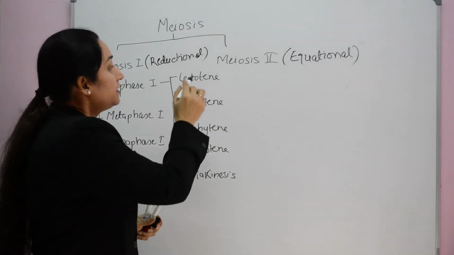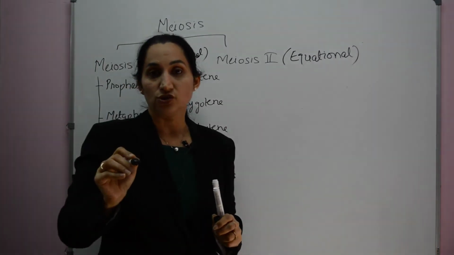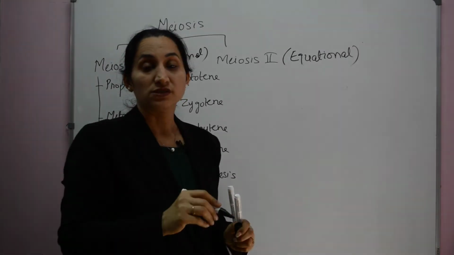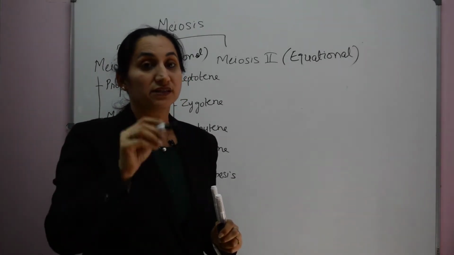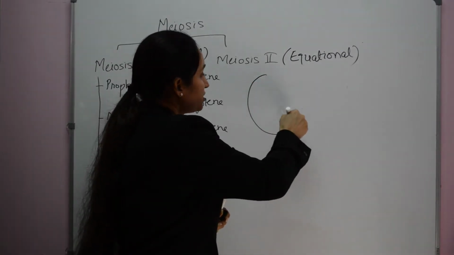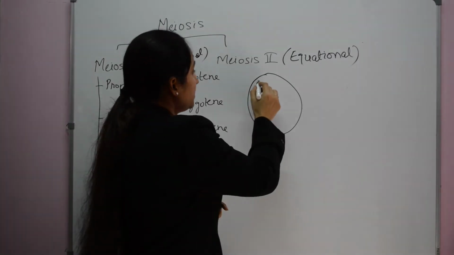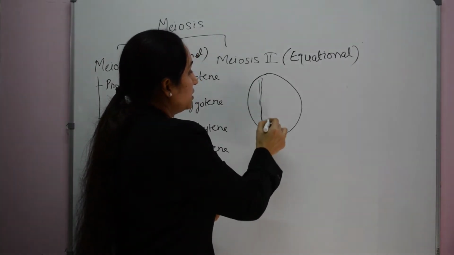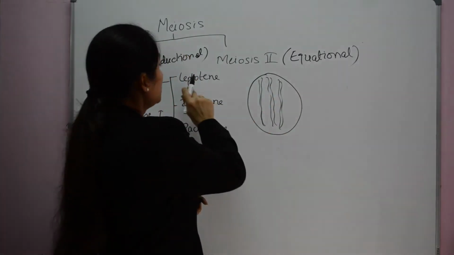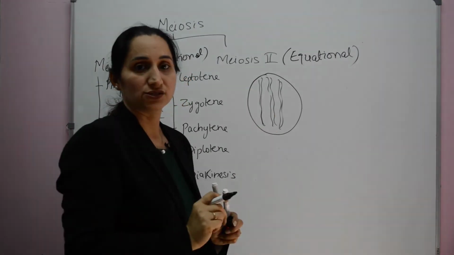Now, in the leptotene stage, as we know, in the S phase of interphase, the chromosomes and DNA are replicated. As the DNA is freshly replicated, the chromosomes will look like long thread-like structures.